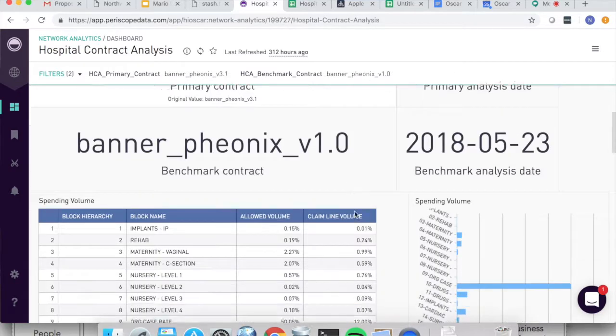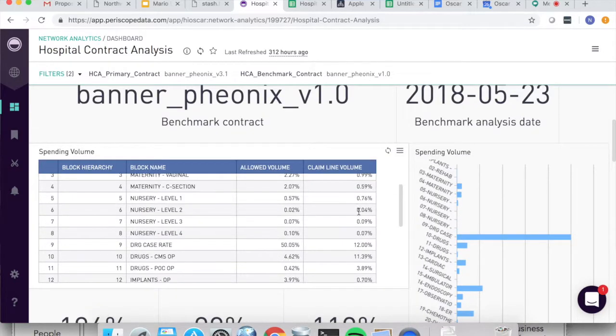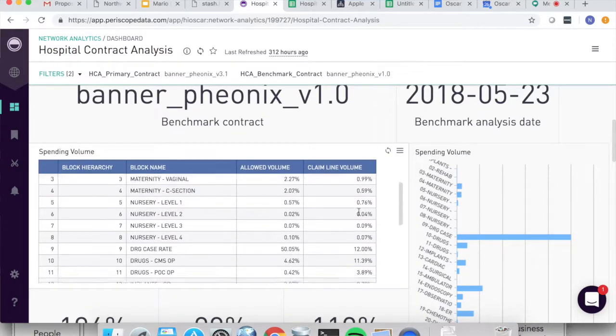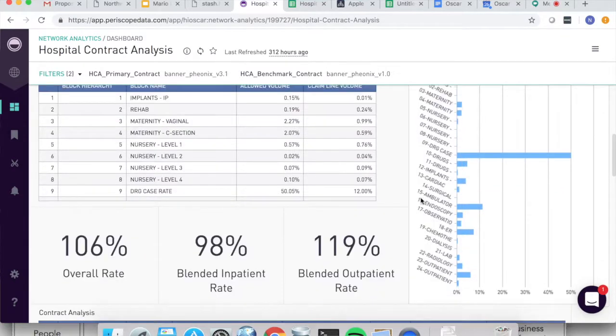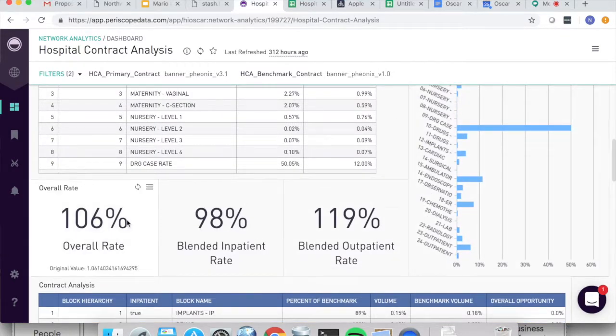Okay? And what I can do then is click Run, and what it will aggregately do is give me the overall percent of what I sent. So if my previous offer was at 150% of Medicare, this is 1.06 times that, or 159% of Medicare.